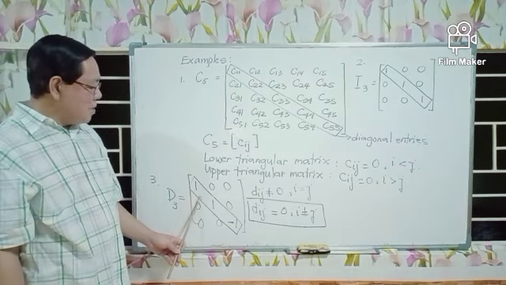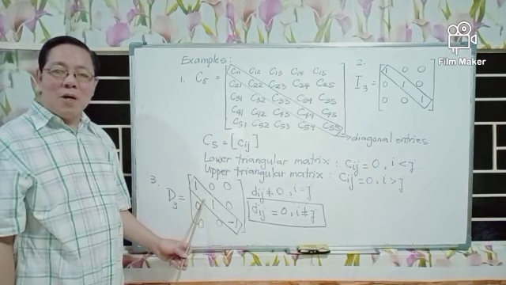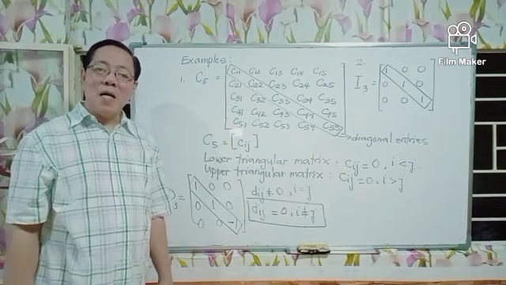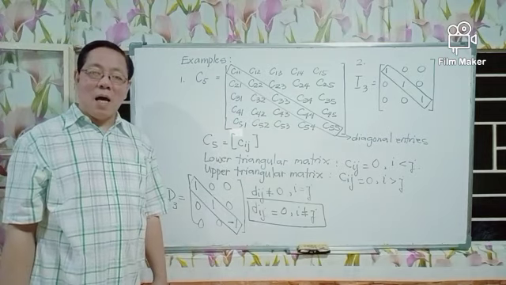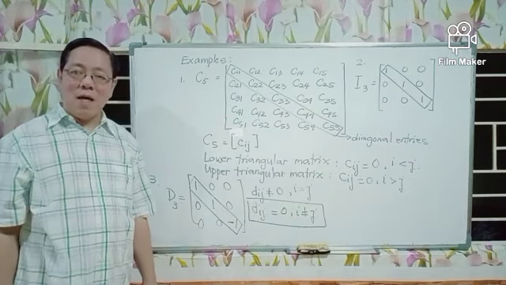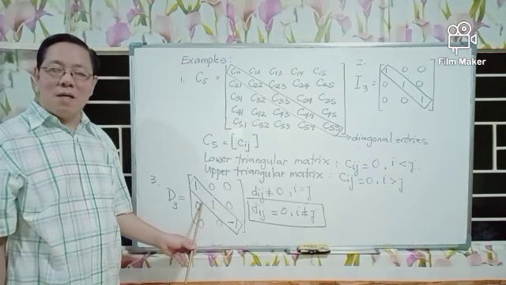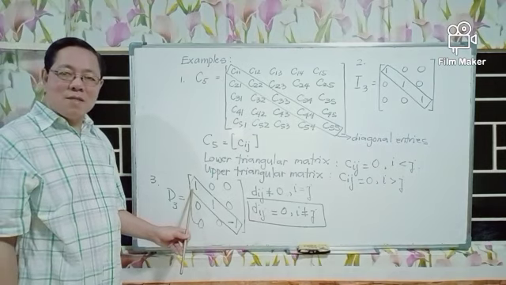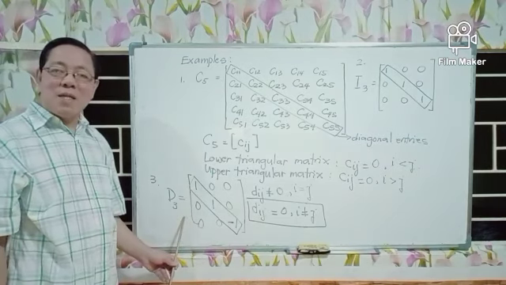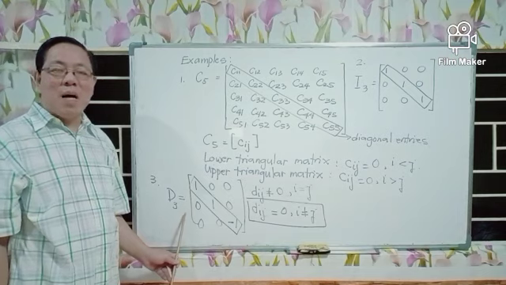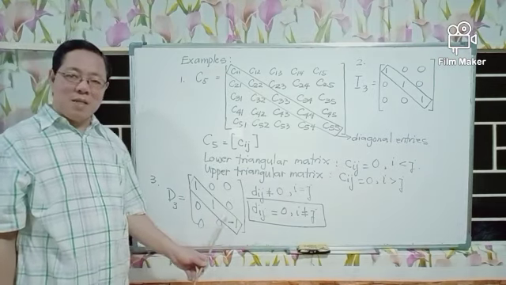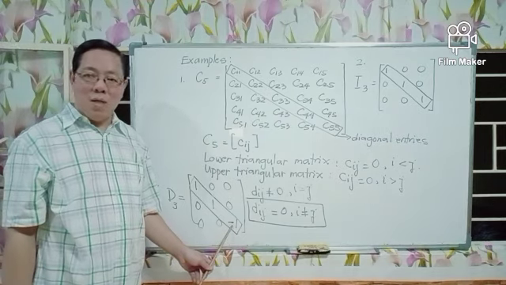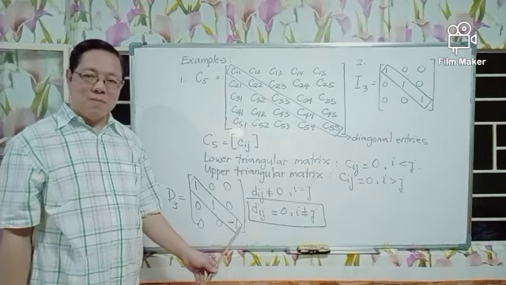But first, as I was telling you earlier, every identity matrix is a diagonal matrix, but not every diagonal matrix is an identity matrix. This square matrix is a diagonal matrix, but it is not an identity matrix because one of the entries in the diagonal is not 1, but negative 1.